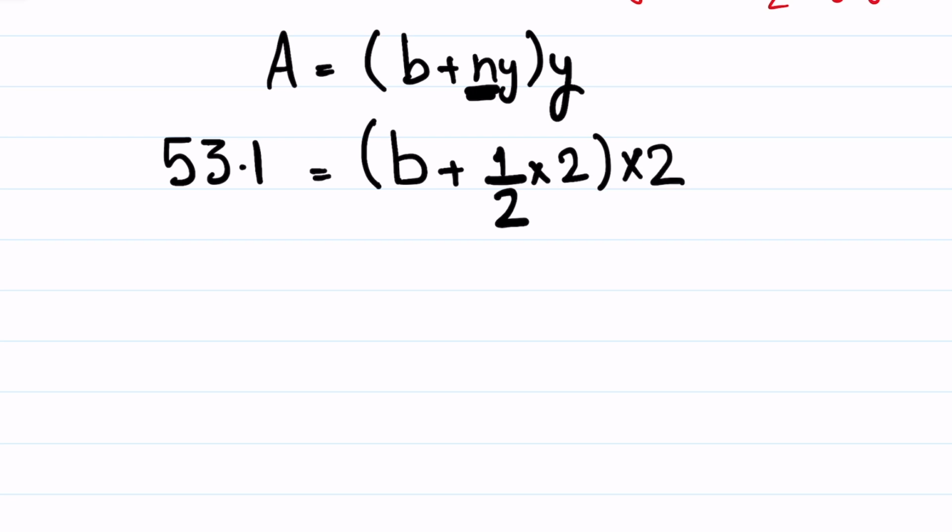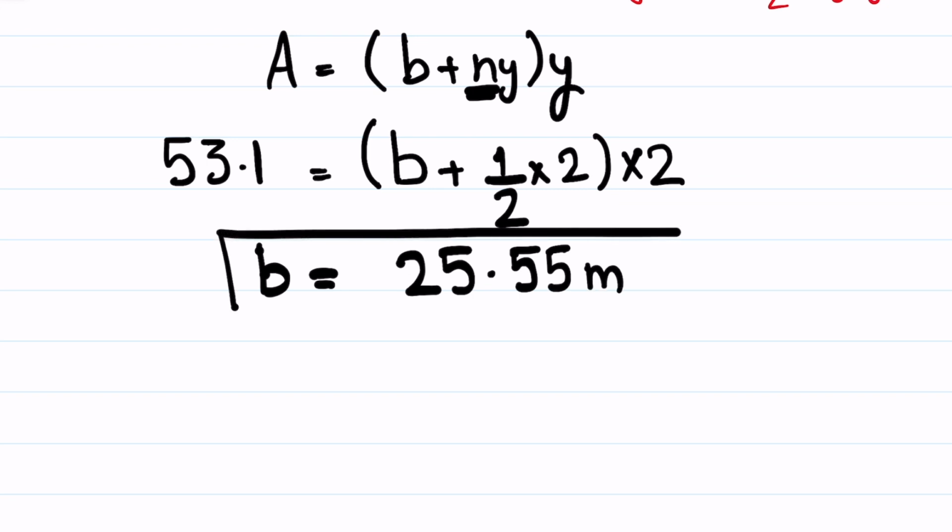Okay, so through this we will find the width. The width will come out to be how much? Solve it and just see if I'm getting the right value. B will come out to be 25.55 meter.